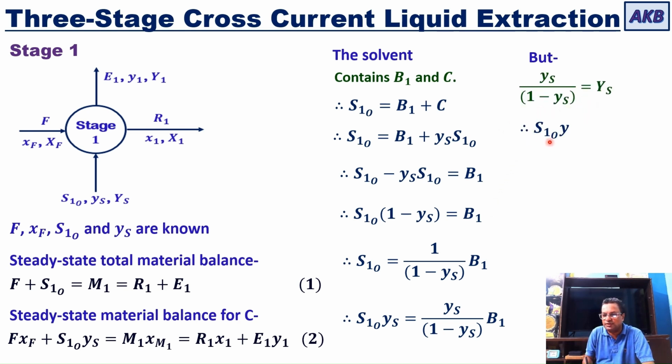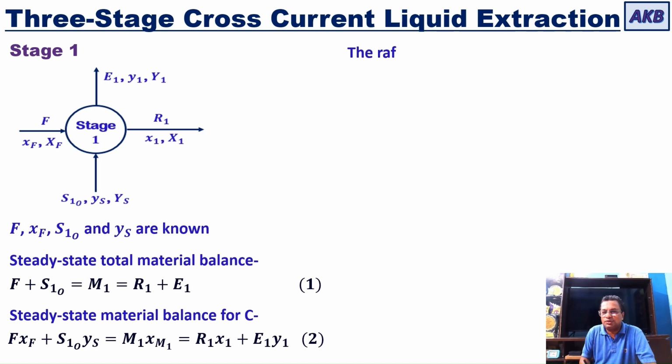That means S10 into Ys can be replaced with B1 into capital Ys, which we will be doing at the end of our discussion for stage number 1. So S10 into Ys in this particular equation, that is equation number 2, can be replaced with the term B1 into capital Ys.